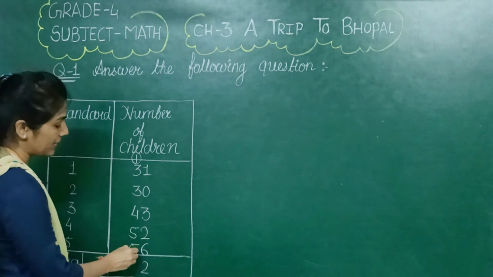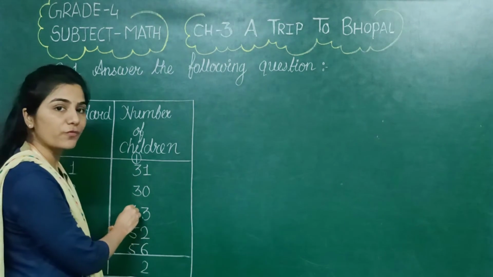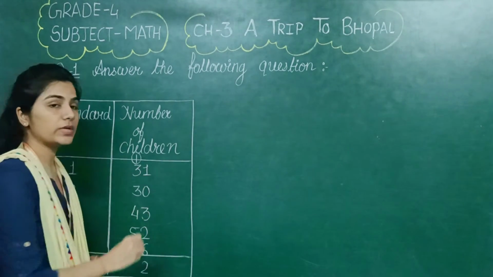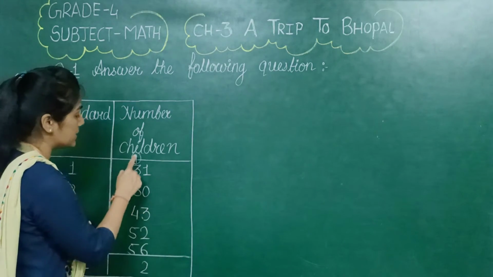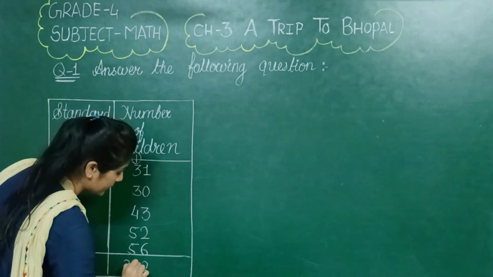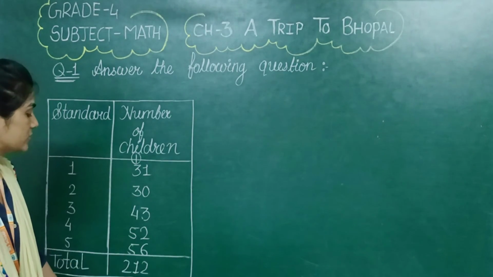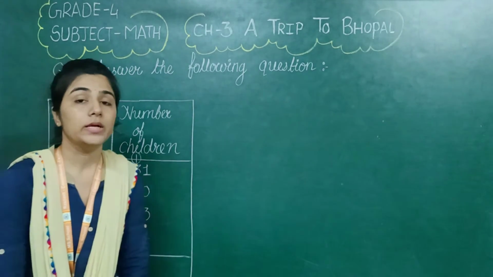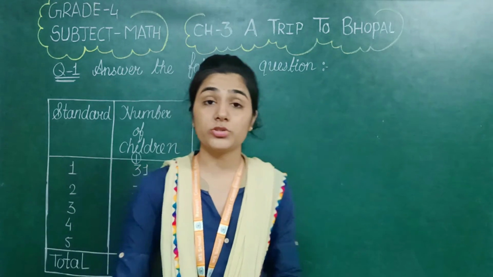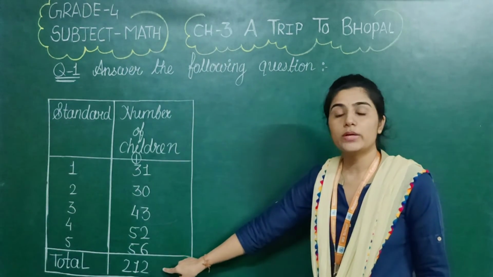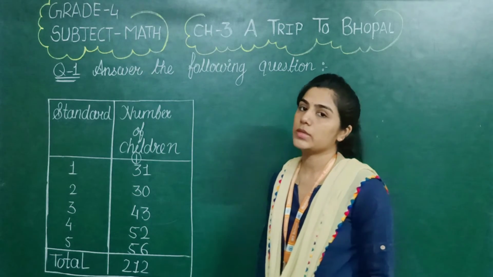Now 5 plus 5, 10; 10 plus 4, 14; 14 plus 3, 17; 17 plus 3, that is 20; and 20 plus 1, that is 21. So the total number of children is 212. That means there are 212 children going on the trip.